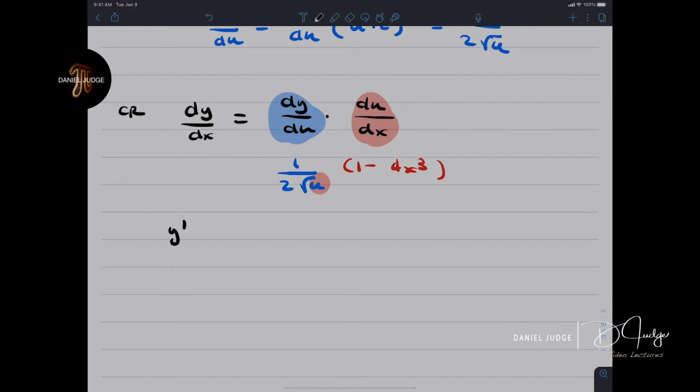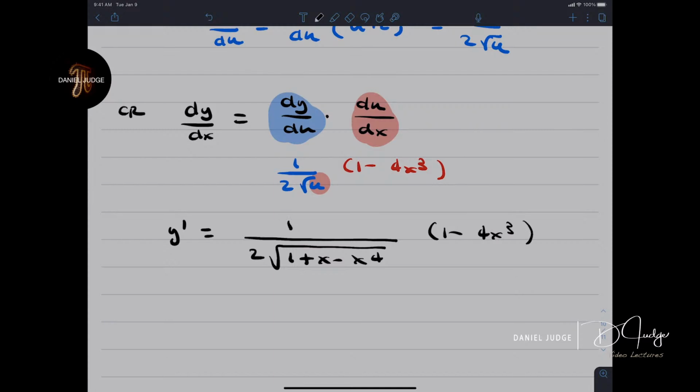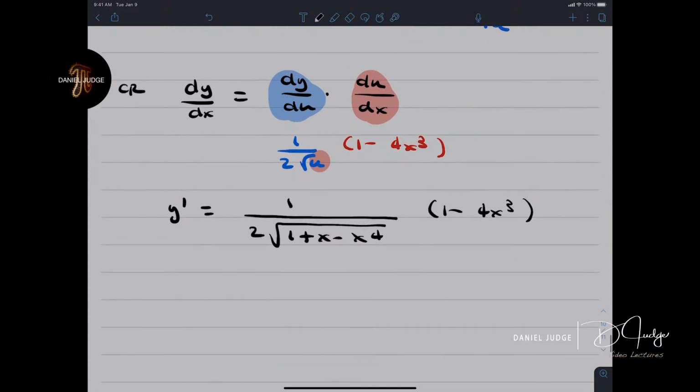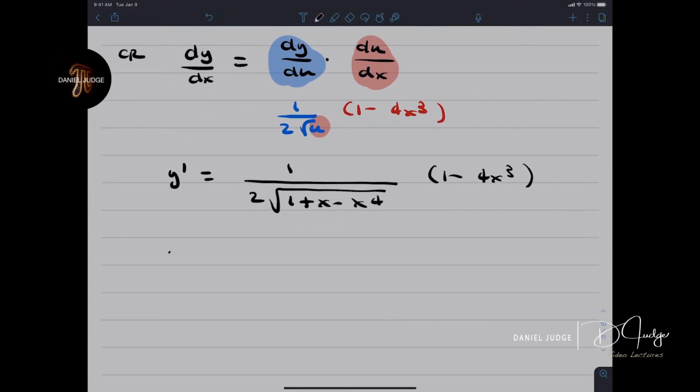So that y prime becomes 1 over 2 square root 1 plus x minus x to the 4th power times 1 minus 4x cubed. Don't forget your chain portion. Now you get to multiply your fractions.